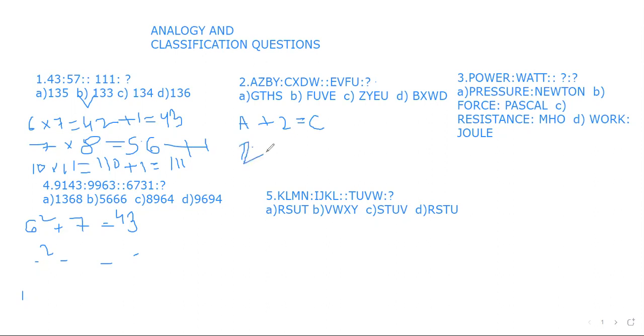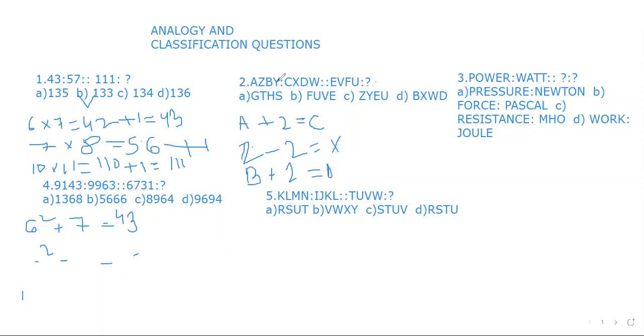From Z, if I have to go to X, I have to go 2 steps backward. It becomes X. Now from B, in order to go to D, I have to go 2 steps forward. B, C, D. Then I get D.